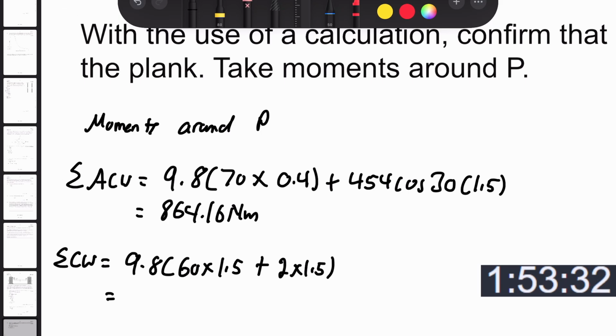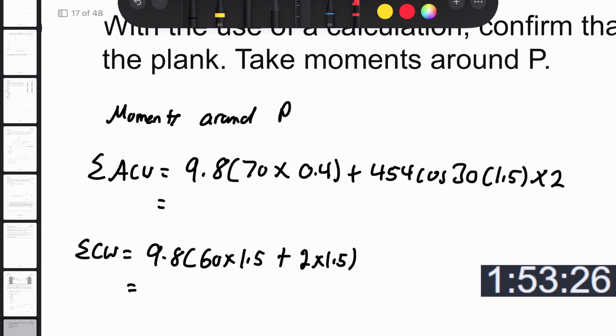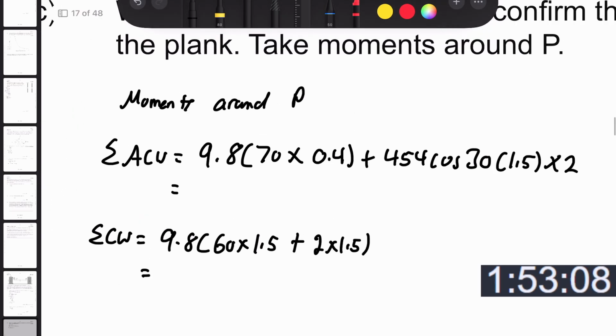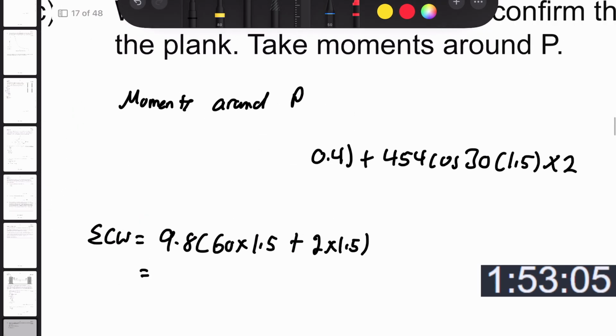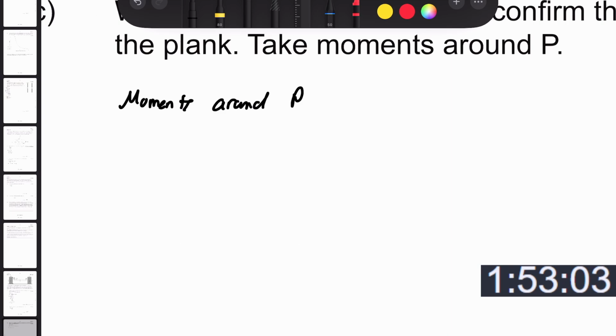So let's do this times 2. 454 cosine of 30 times 1.5 times 2. It's 9.8 times 70 times 0.4. Wait, let's take this up here. Okay, I think I have a smarter way. Let's say sum of y.